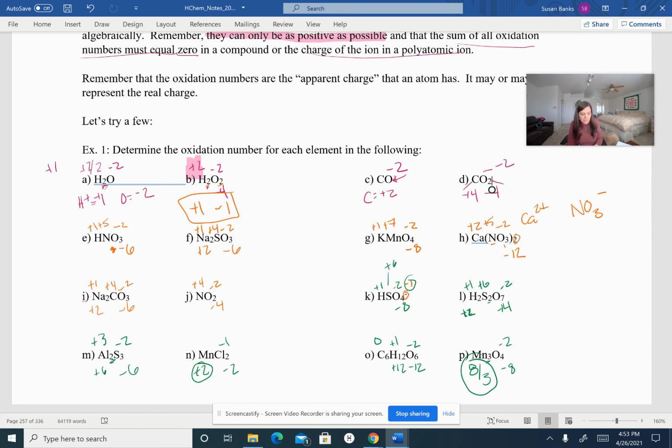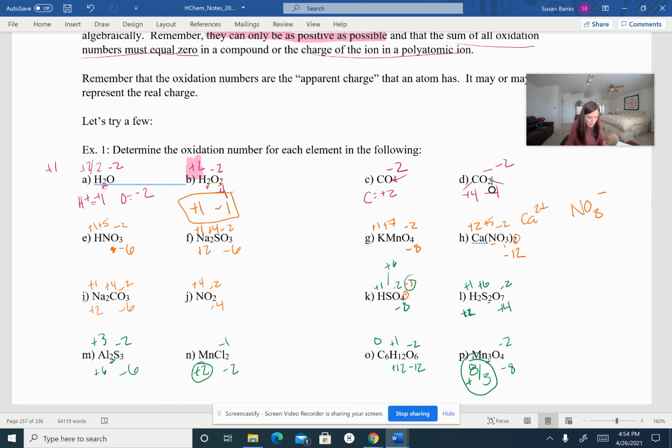That means that 2 of my manganese are probably going to have +2, and then the other one's going to be a +3. Okay, so remember, this is not true electrons like this. There's only 8/3 electrons missing on these, but it's kind of a bean counting, like this is our best guess of what is going on.